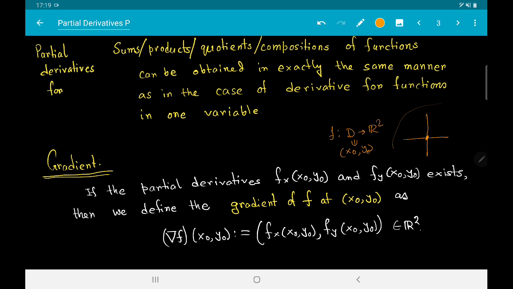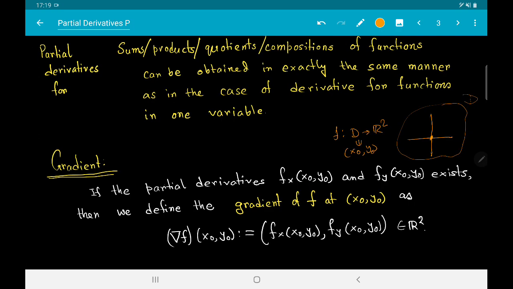That's all we need, and these line segments should be contained inside our region D. In such a case, if both the partial derivatives exist, then we define the gradient of f at x0, y0 as follows.